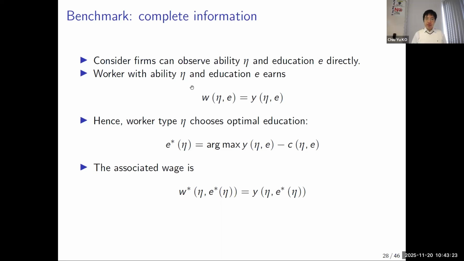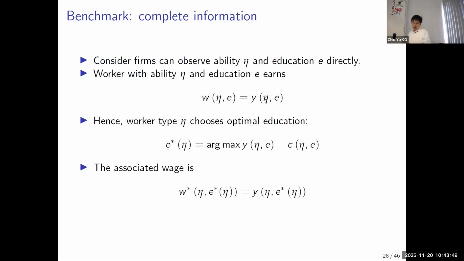So in this particular model, the firm can see the ability directly, as well as education, okay? And the worker actually gets the actual productivity, right?